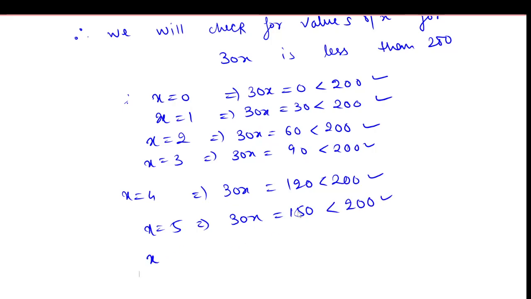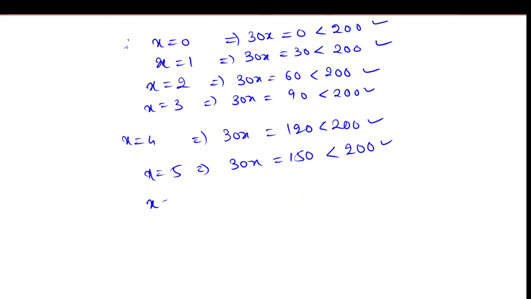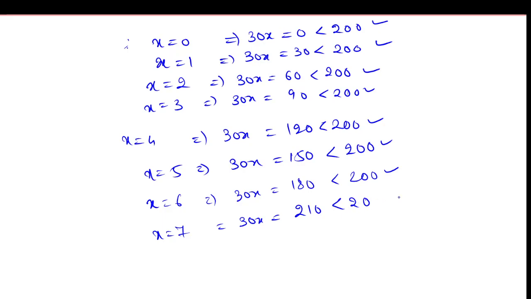So we are getting closer to 200. x equal to 6, 30x equal to 180; x equal to 7, 30x is 210, which is not less than 200, so it is not correct.